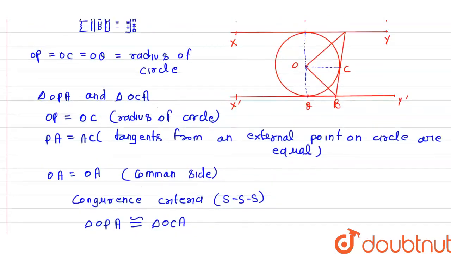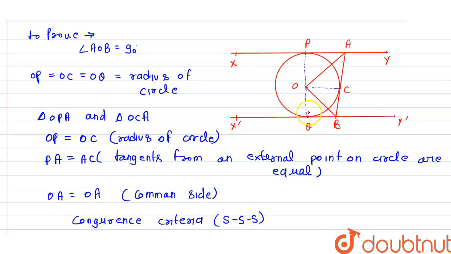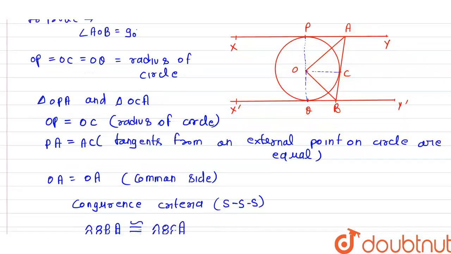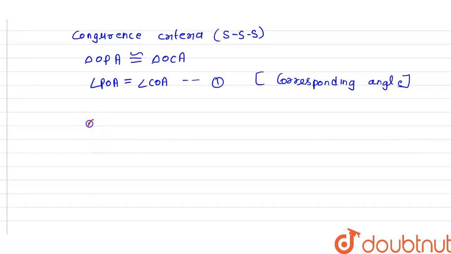By using the same concept, we can also say that triangle QOB is congruent to triangle OCB, because we apply the same concept which we applied in triangle OPA and triangle OCA. So angle QOB will be equal to angle COB.